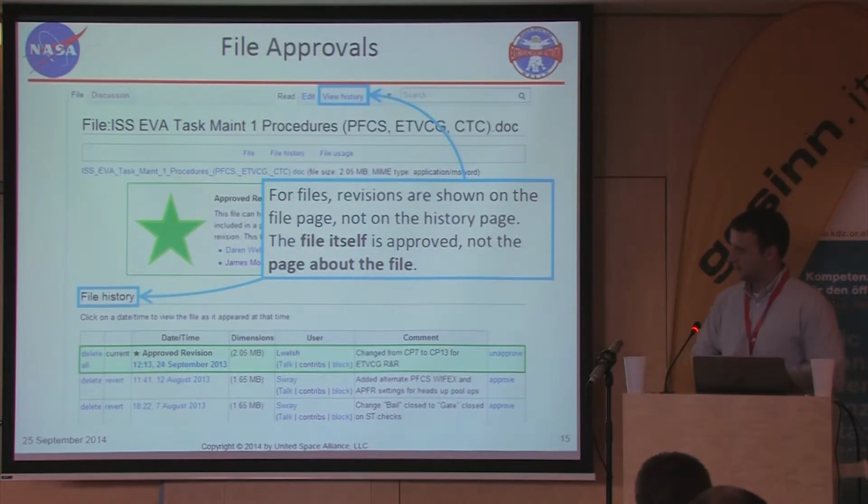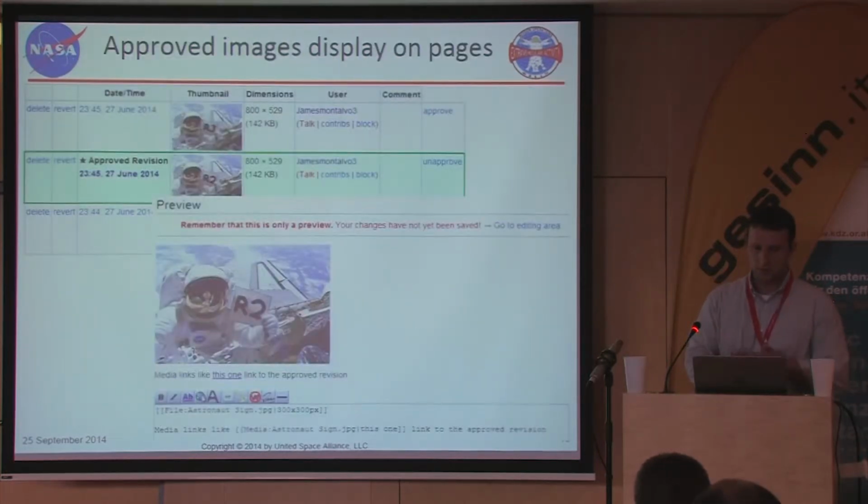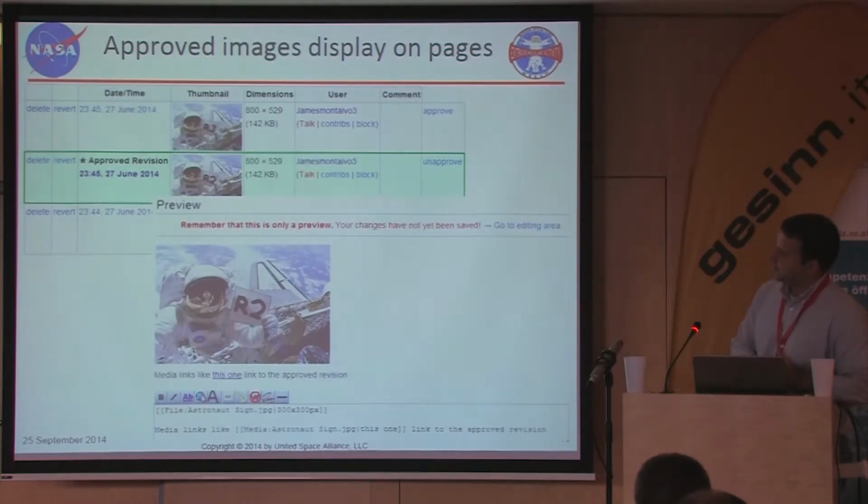So it's one less click, it's right on that front page, and it shows you which one is approved. You can see here, this is showing 3 different revisions. One's kind of hidden there. You can see the only difference between the 2 images is it says R2 and R3, so revision 2 and revision 3.